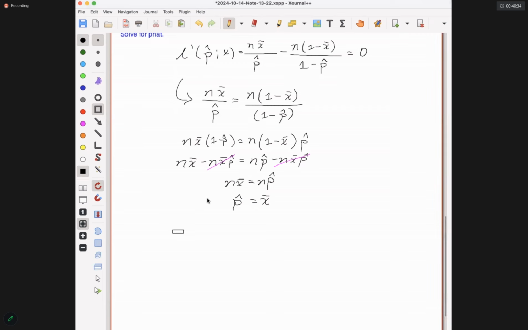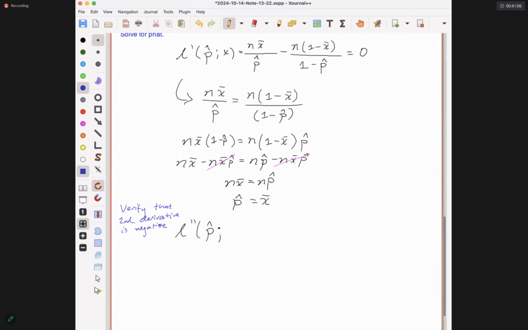So I'll take the second derivative of the log likelihood, because we want to verify that the second derivative is negative.